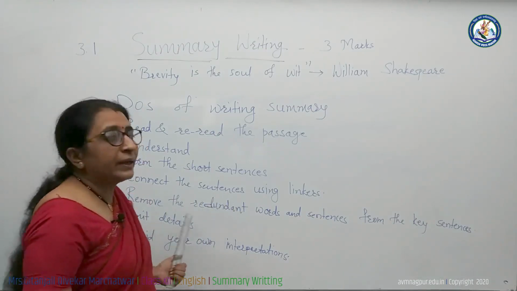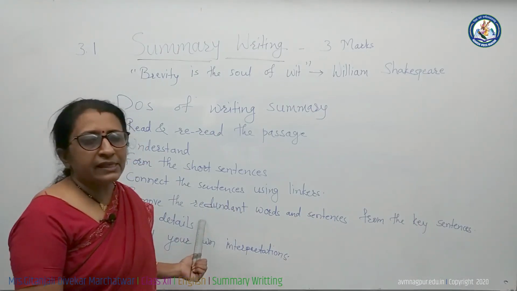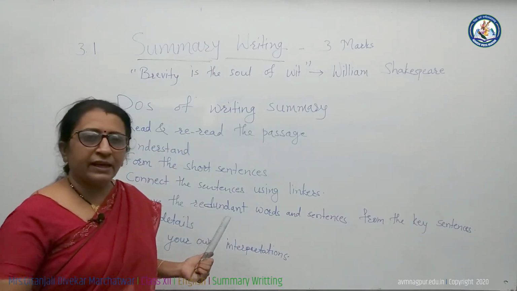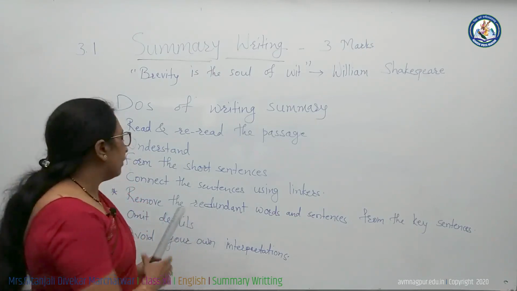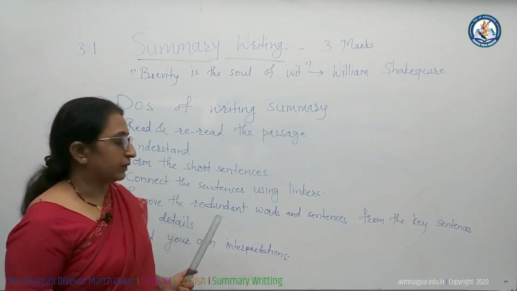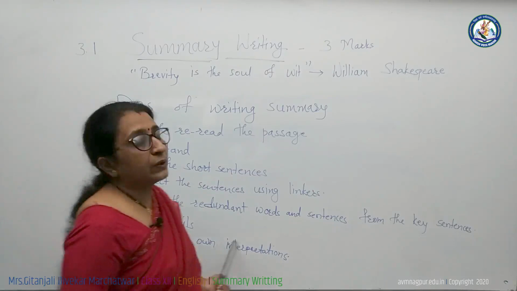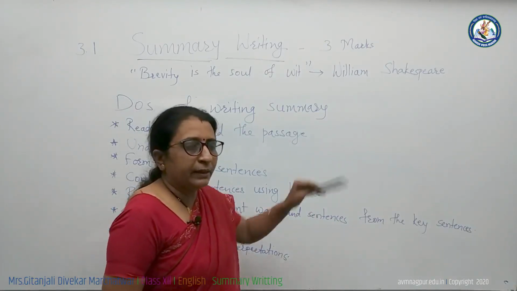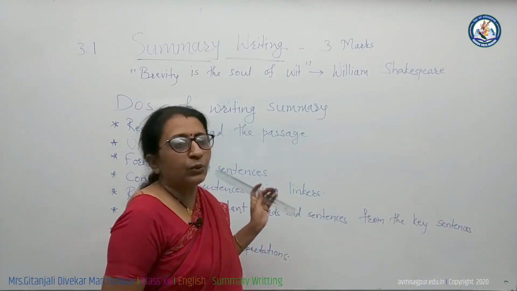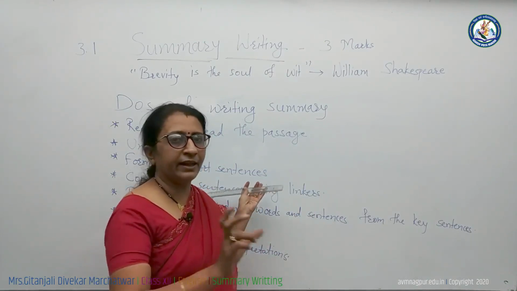And then omit details. The passage, the article, is there for giving the details. Now in a summary, details should not be covered, and avoid your own interpretation. As I have told you, if some passage is given related to health, we have decided the title Health is Wealth.